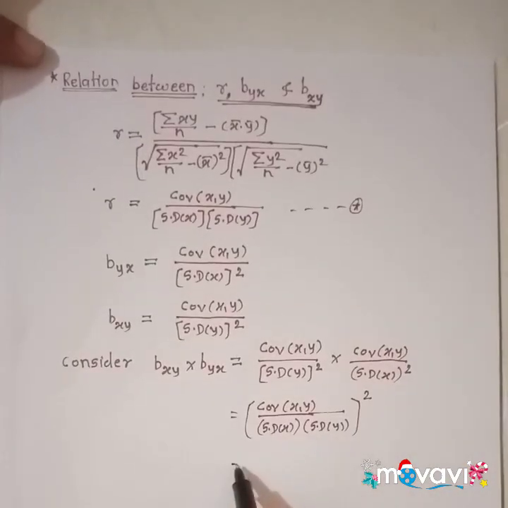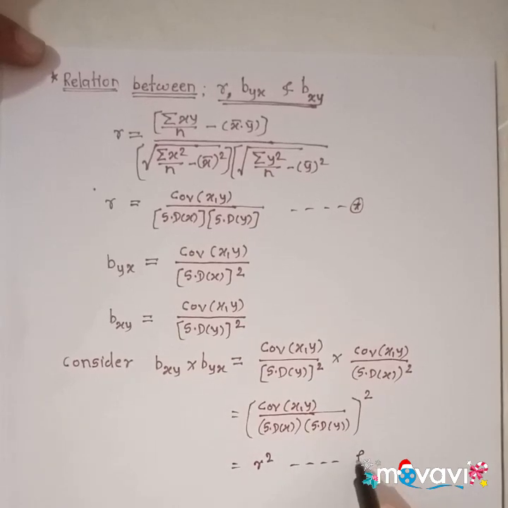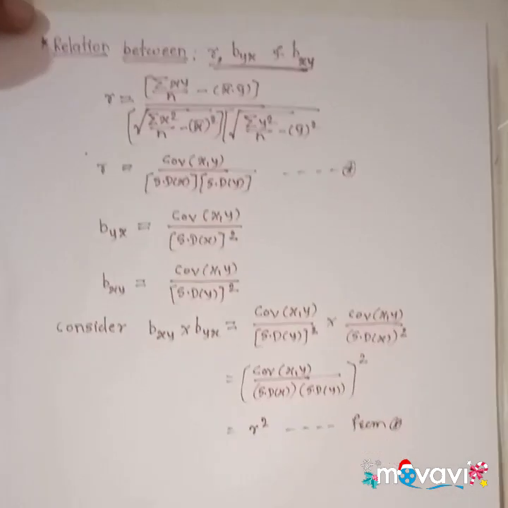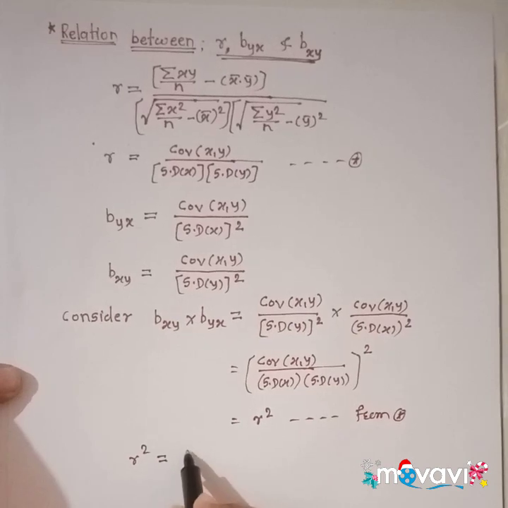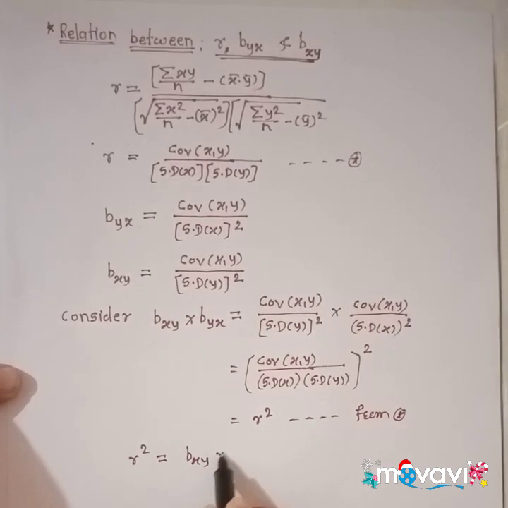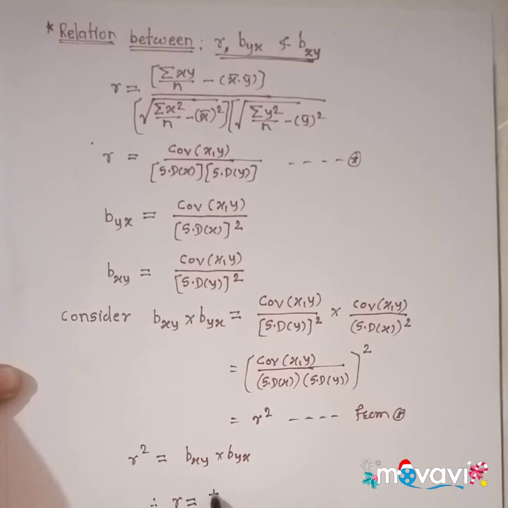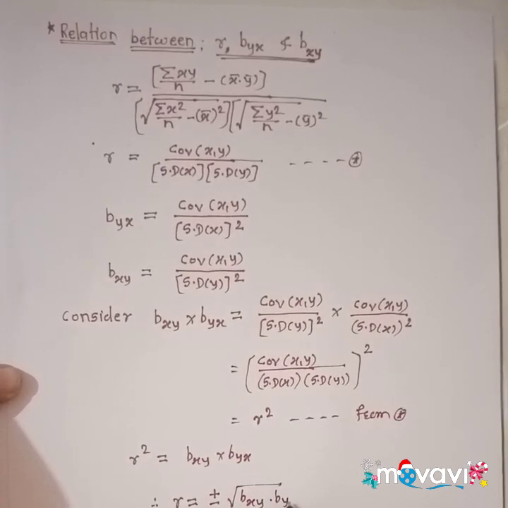From star we can write this as r square. So r square is nothing but Bxy into Byx. Therefore r is nothing but plus or minus square root of Bxy into Byx.